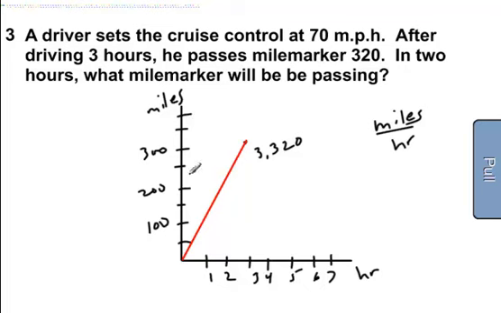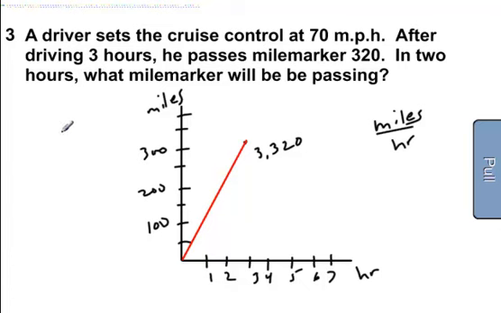So if I actually do my graph using the intervals here, I could almost estimate this. So somewhere up here, I bet it's somewhere around 200 and some miles, right at that spot. Okay, but that's just an estimate. I don't really want to do it that way.